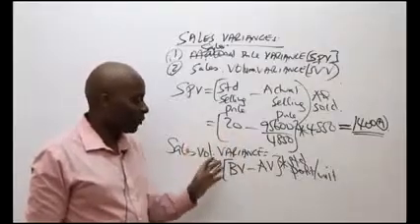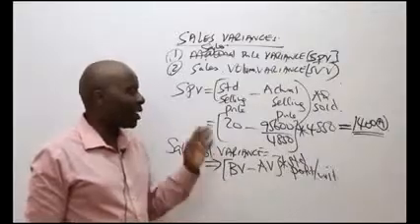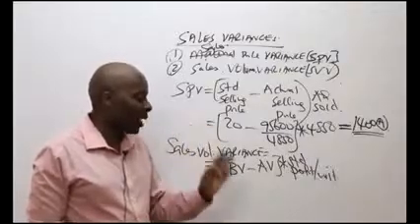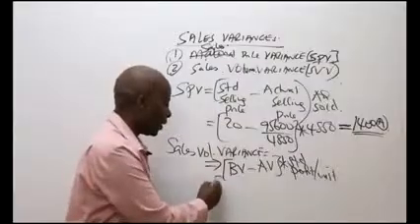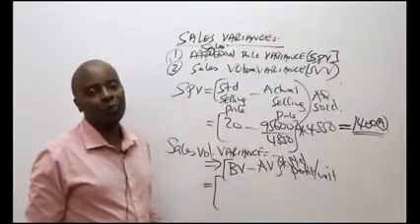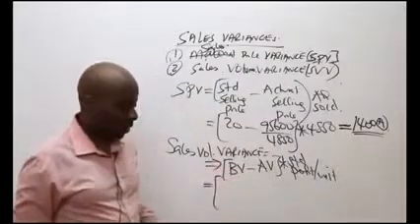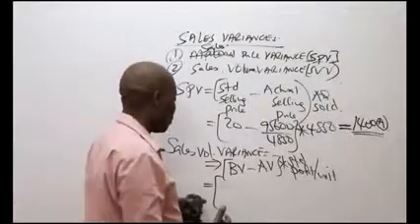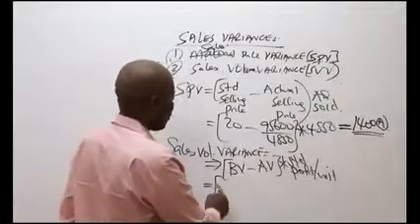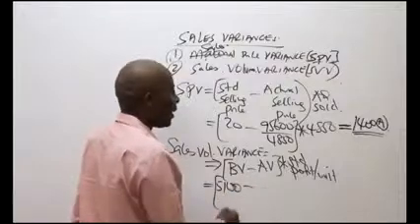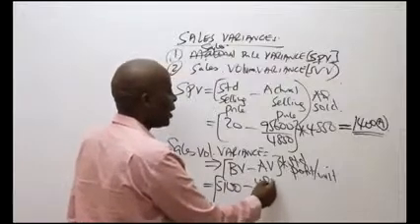So we have budgeted volume minus actual volume times standard profit per unit. The volume we are planning to produce was 5,100, minus the actual volume, which is 4,850.